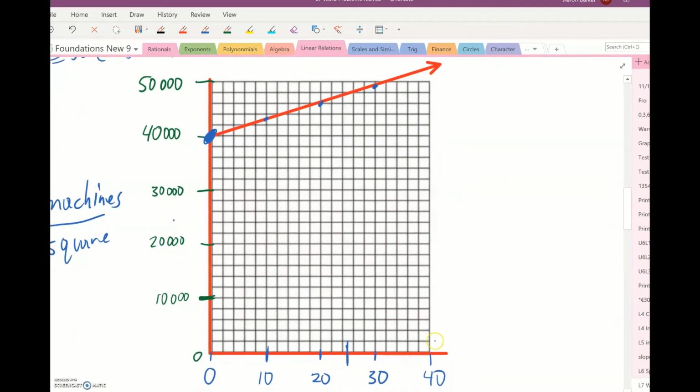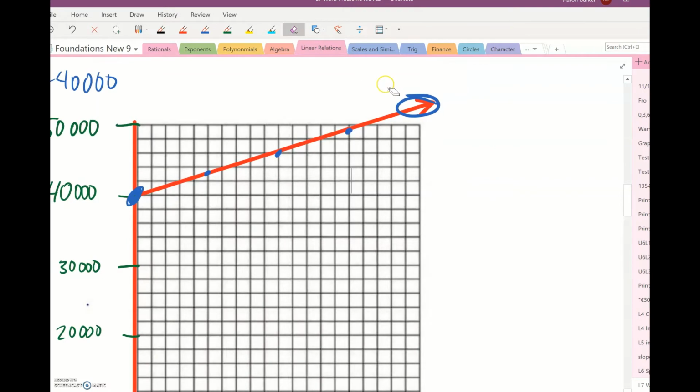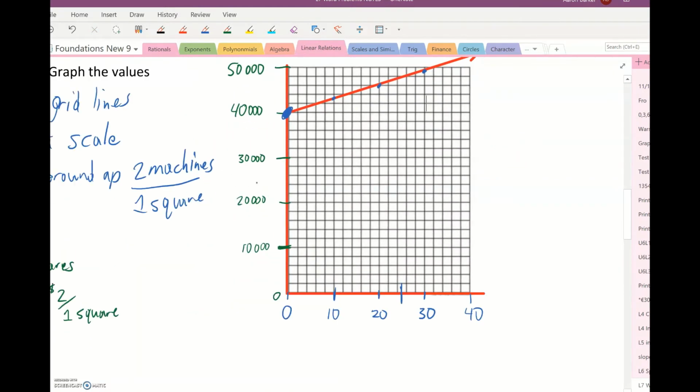For example, we can estimate if he sold 40 pieces of machinery, we go up, and even though we're off the grid, that's going to be over $50,000 of income. We can also predict information in between. If he sells 25 machines, we would go up to our line and over, and that's about $48,000.